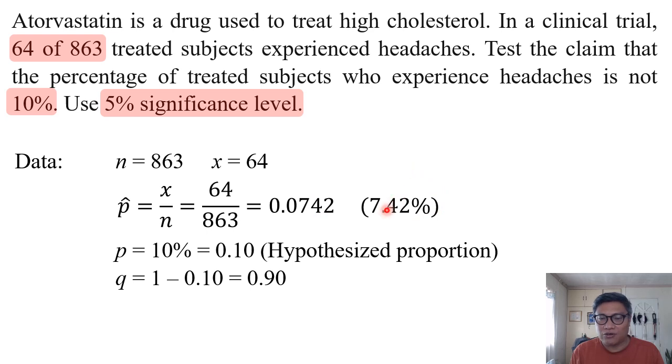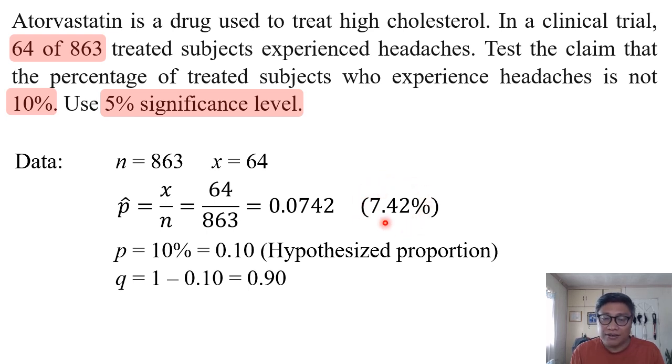So we want to find out whether 7.42%, class, is the same as 10% or it is different from 10%. Literally speaking, class, they are really different, but we are given the significance level. It might be that, for example, if it is not significant, it means that 7.42% is the same as 10%. So how does that happen? It means that we have sampling error.